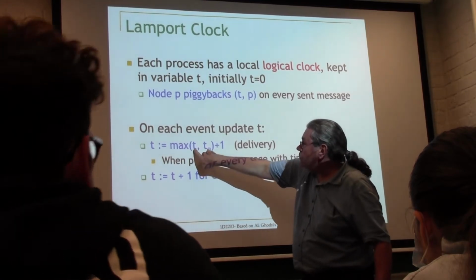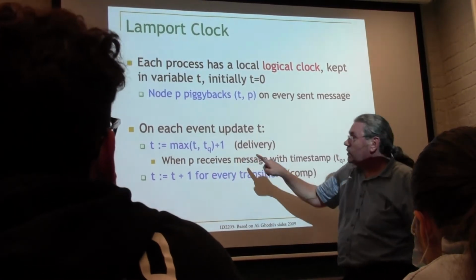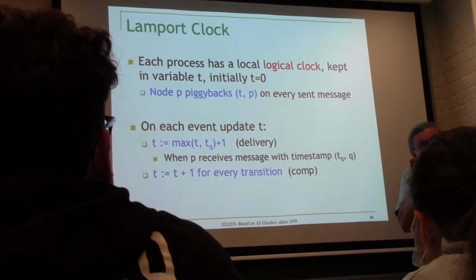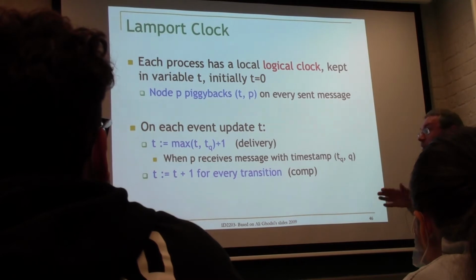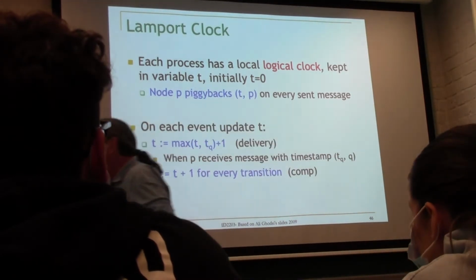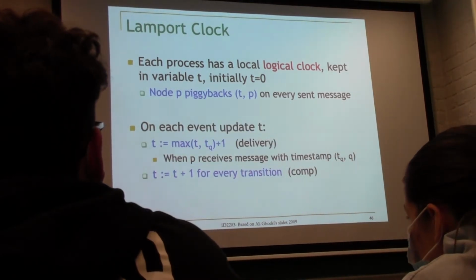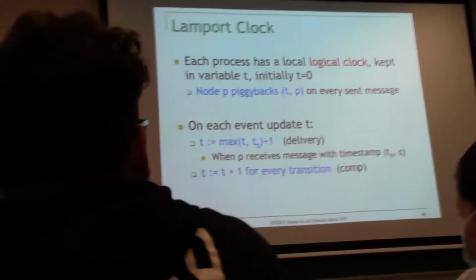I will do the max of those 2 plus 1. So basically, I'm looking at all the events that happen before me, but also before on the other process. So if you make a picture, it sort of looks like this, huh?